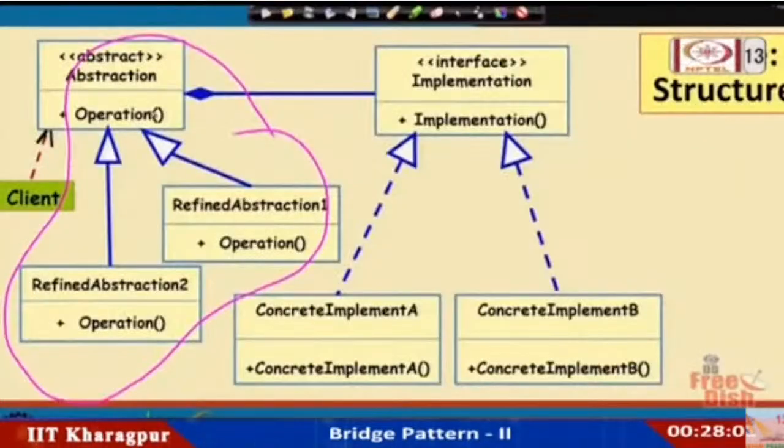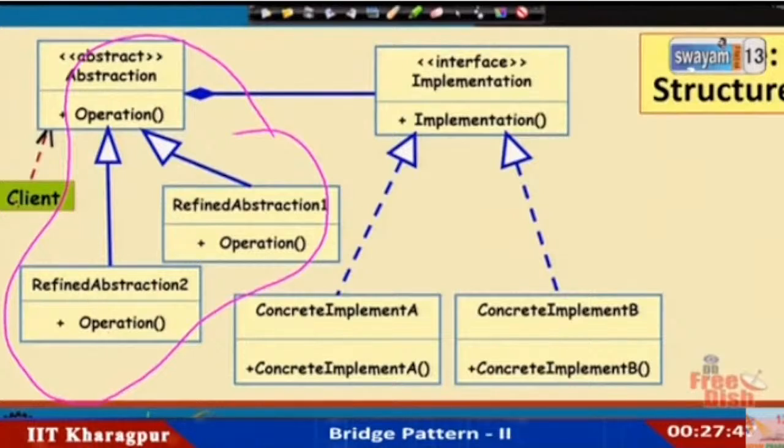Now let us recollect the class structure of the bridge pattern. In the class structure of the bridge pattern, we have the abstraction hierarchy, where we have the abstraction as abstract class, and then we have the concrete abstractions, and these are typically named from the application domain terms.